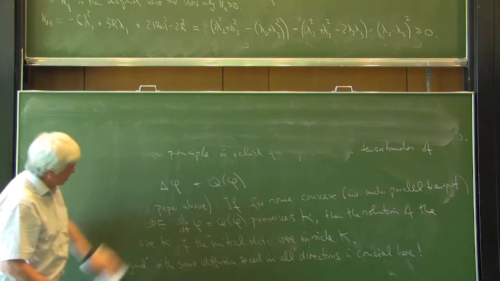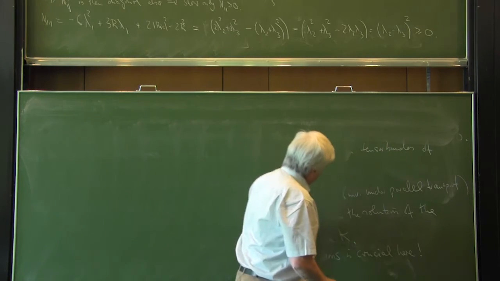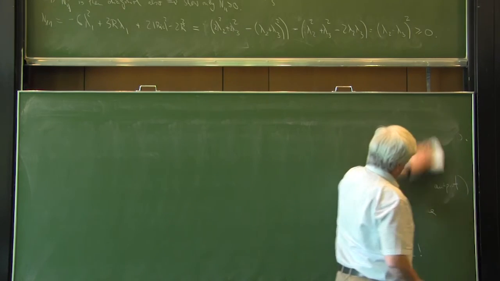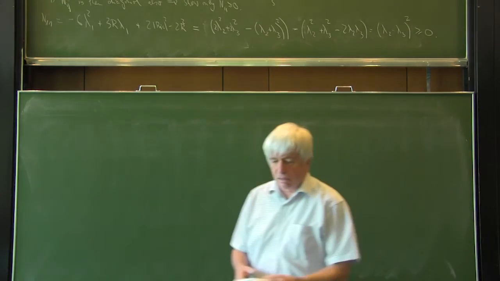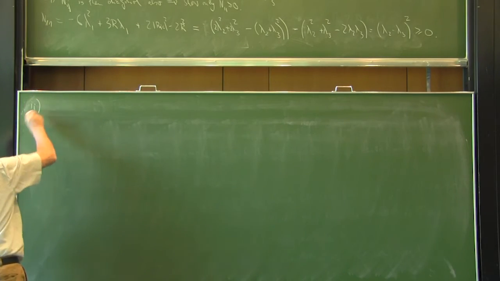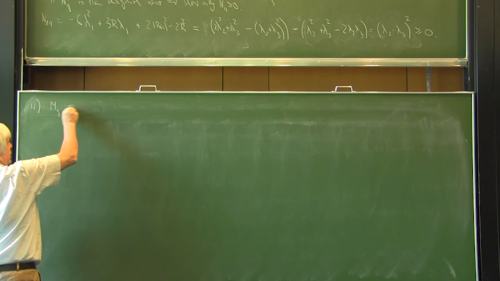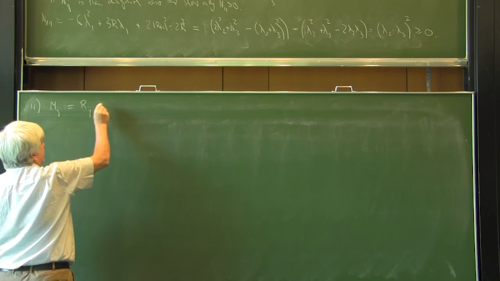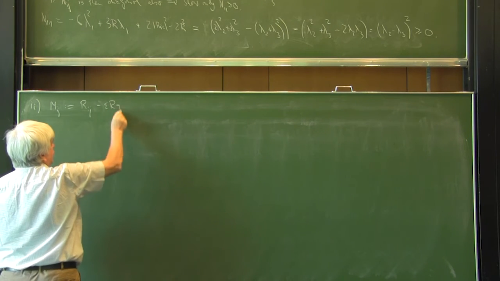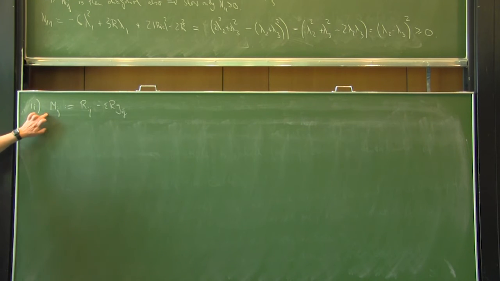So, the second inequality, we have to take now our tensor Mij to be Rij minus epsilon r times Gij, and we want to show that this tensor satisfies our tensor maximum principle.